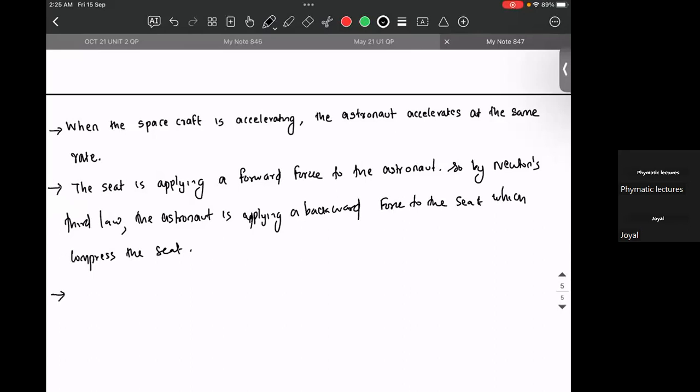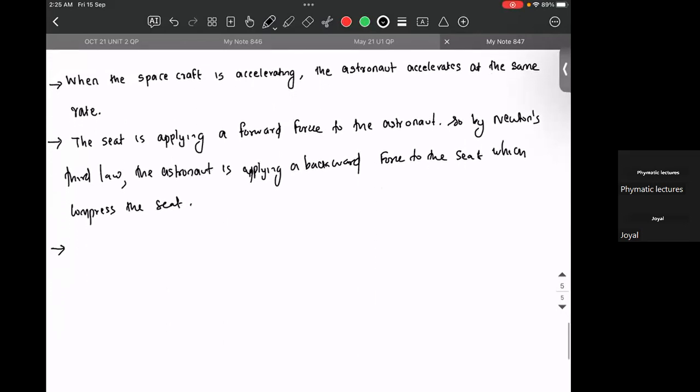Then what happens at one stage? When stage number 1 is going to be over, why is it going to be over?